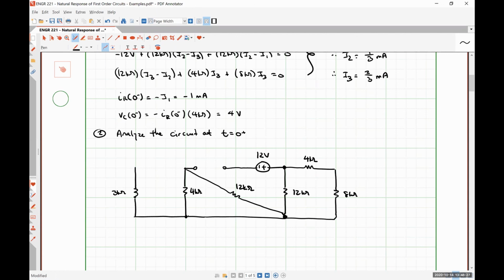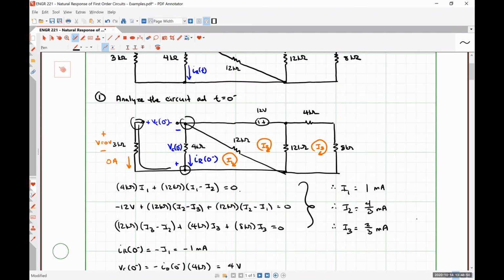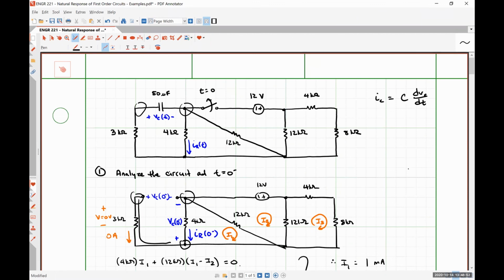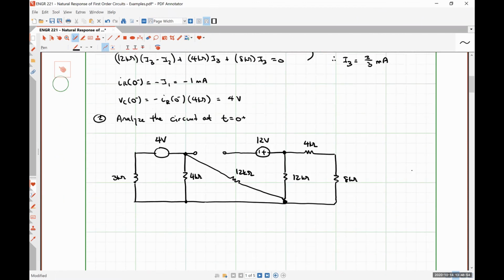So we are going to model a capacitor at t equal to 0 plus as a DC voltage source, because we know that it has a fixed voltage at this particular instant in time, but any current that needs to flow through it can. So I'm going to drop a voltage source in, and it's a 4 volt source, and the polarity has to match the polarity defined across the capacitor, which is positive polarity on the left, negative polarity on the right.